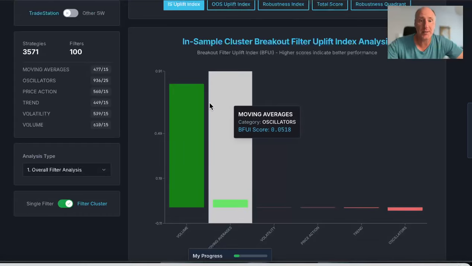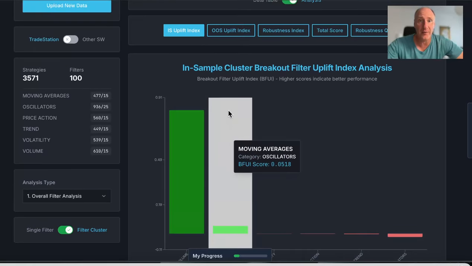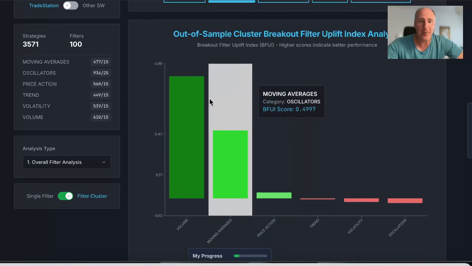Doesn't mean that you cannot use price action or other filters, because there can be standalone price action filters or oscillators inside each category that work fantastically. But overall, the strongest cluster is volume and moving averages, on in sample and on out of sample as well.